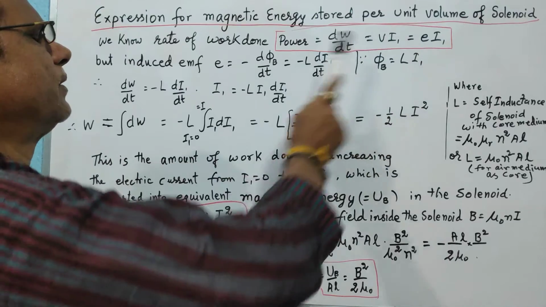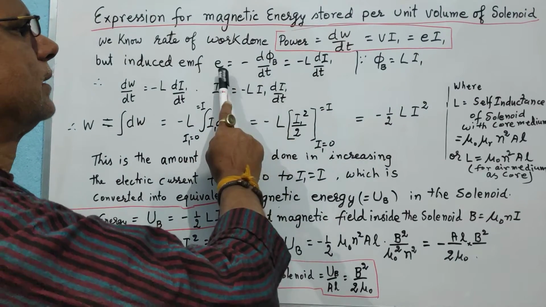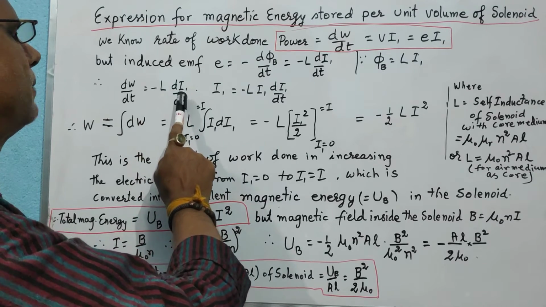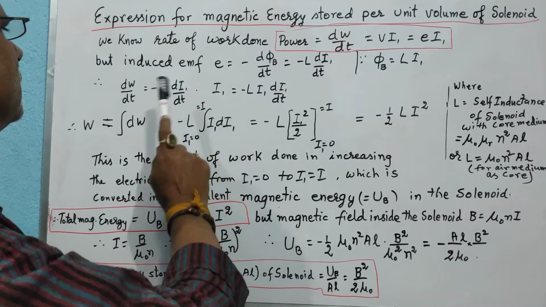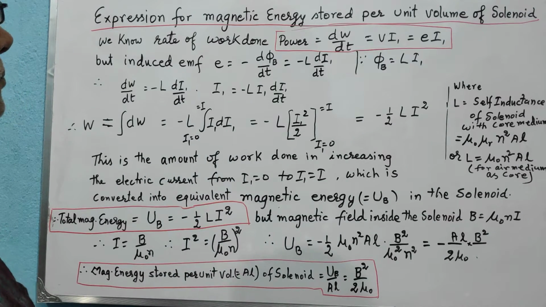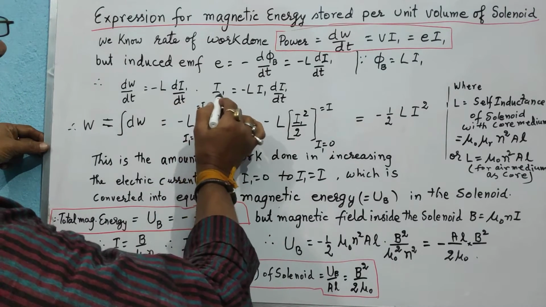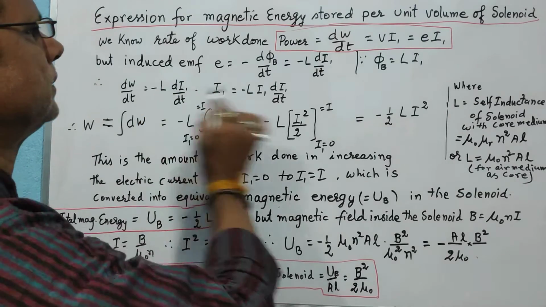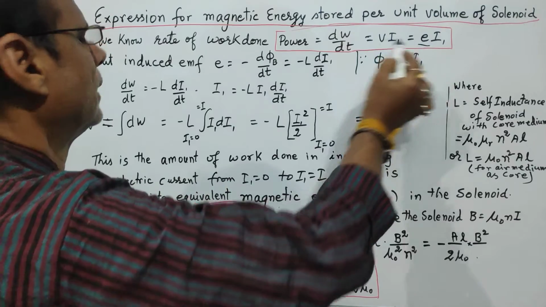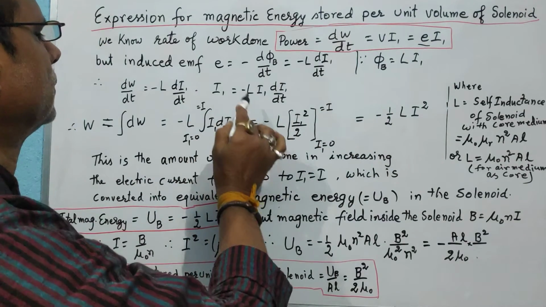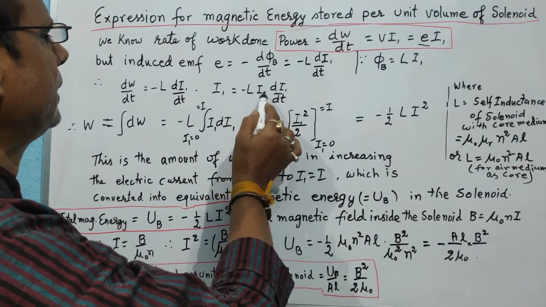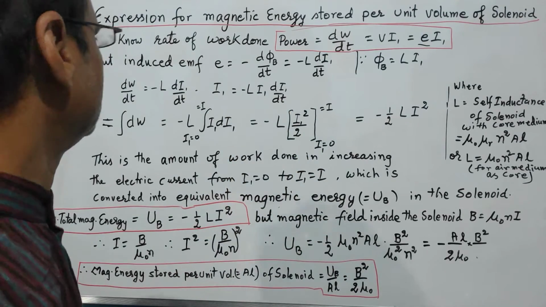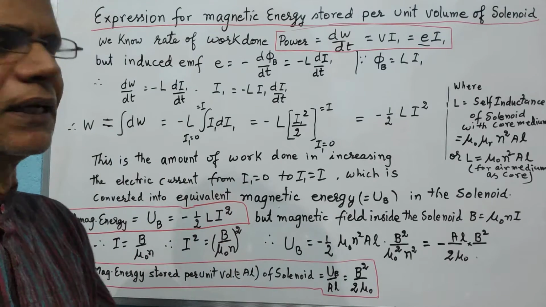Substituting the value of E, L di by dt, into I1, we get minus L I1 di1 by dt. This is the value of the rate of work done.